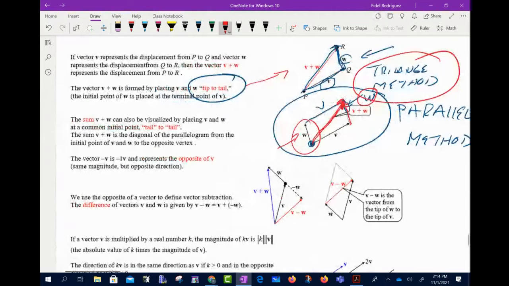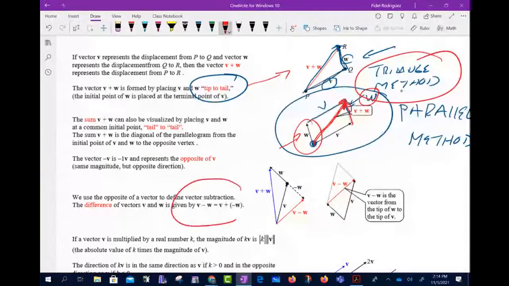Okay, so guys, we have the same thing when we talk about vector subtraction. So again, if here is my vector v, and here's my vector w, I want you to notice what negative w looks like. If this is w, negative w is the same length, but the opposite direction.